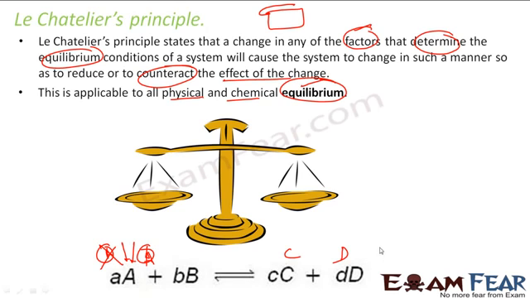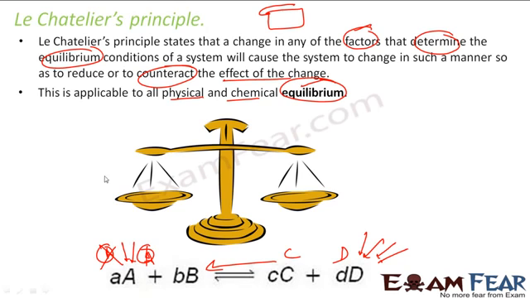Or suppose you pump in more and more D: the reaction will happen in this direction and more A and B will come up to counter the change, because there has to be a balanced number of moles of A, B and C, D. If somebody disturbs that, the Le Chatelier principle tells how the system behaves so that it counteracts the effect of the change.